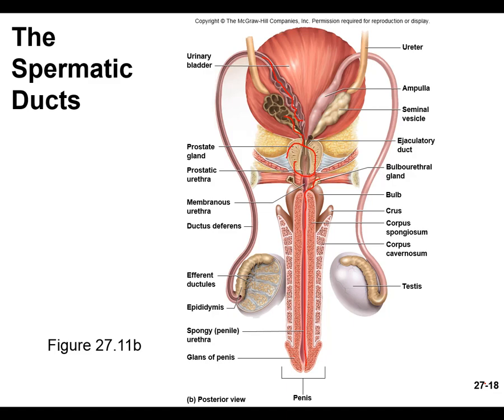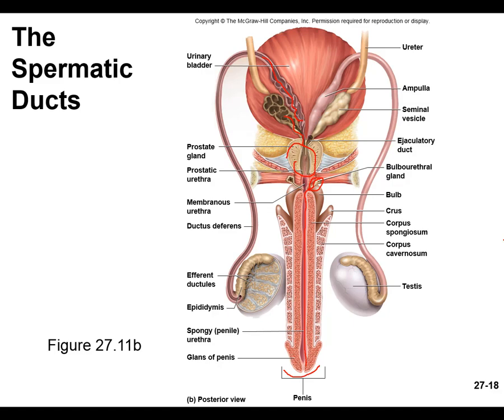So what the bulbourethral gland will do is buffer any acidic urine that's in the urethra, the spongy urethra, it'll buffer that pH so that the sperm are still viable. It also provides a slippery fluid for lubrication during intercourse. So that's all coming from the bulbourethral gland.